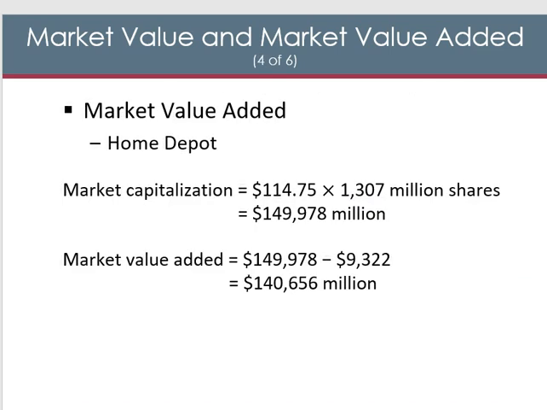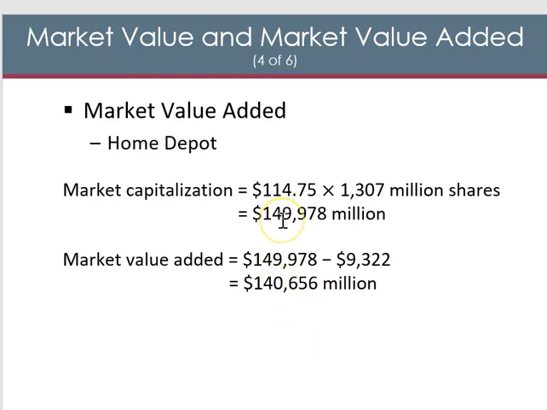Okay, here we're going to look again, like I said, at the 2014 levels, and it also shows how the work is done. Again, for market capitalization, you're taking the share price of the stock, for this example $114.75, times the shares outstanding. Here you have 1,307 million shares.